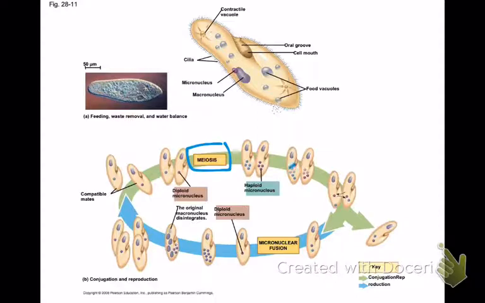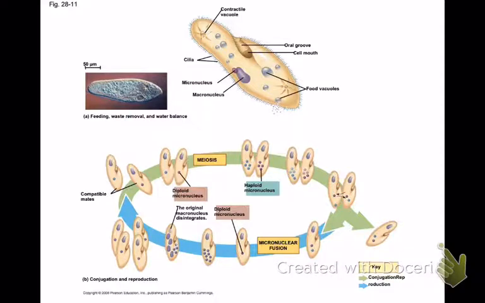Three of them degenerate, and the one remaining nucleus undergoes a mitotic division. So now you have two genetically identical micronuclei, and the conjugating cells swap micronuclei in a process similar to fertilization.